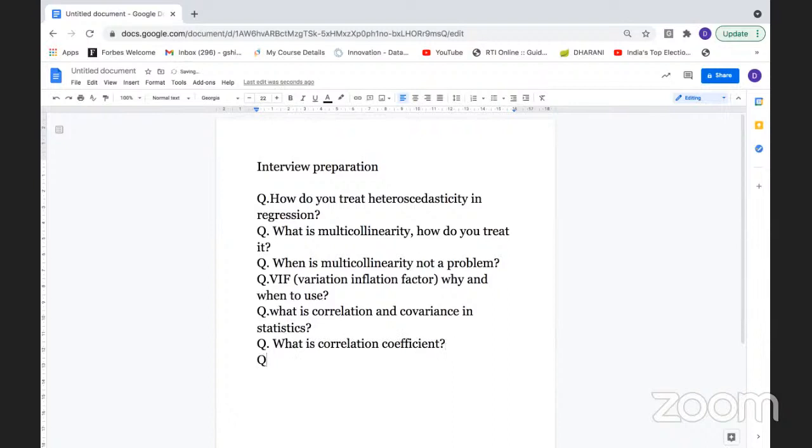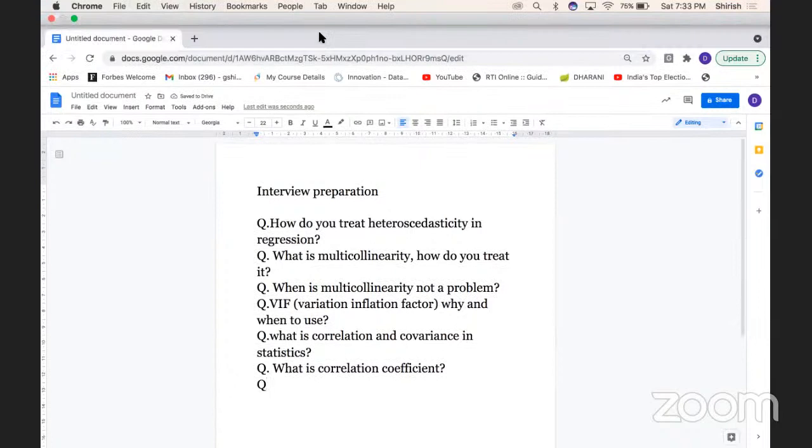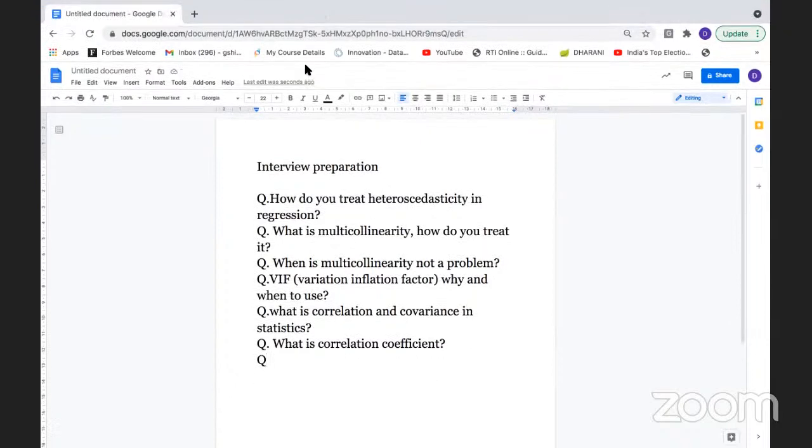Now, what is a model parameter? How will you explain this?